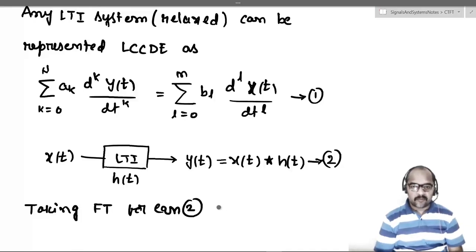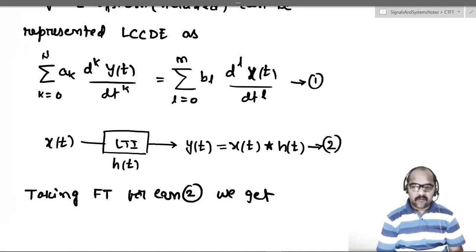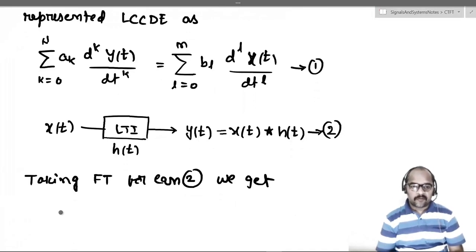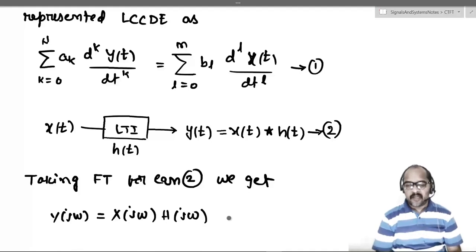Our output y(t) will have Y(j omega) as its Fourier transform. Note that this is convolution in the time domain, and hence in the frequency domain that should be equal to X(j omega) multiplied with H(j omega), since convolution in time domain is multiplication in frequency domain.